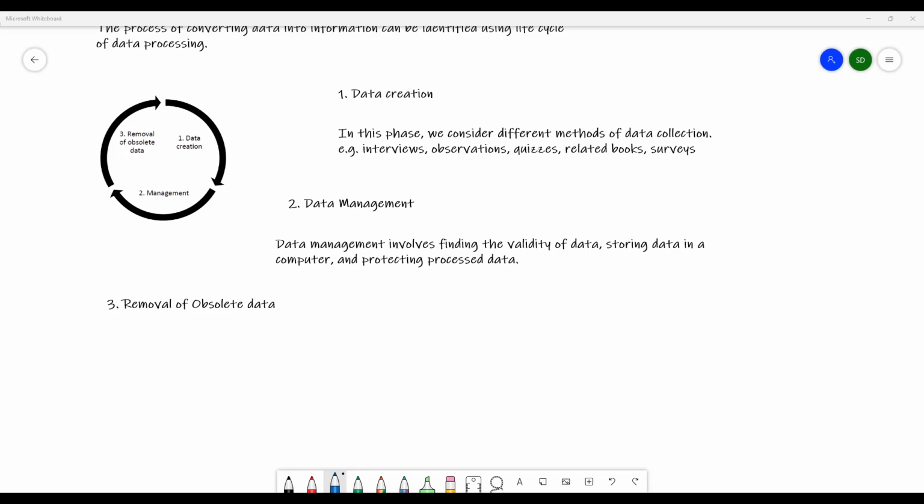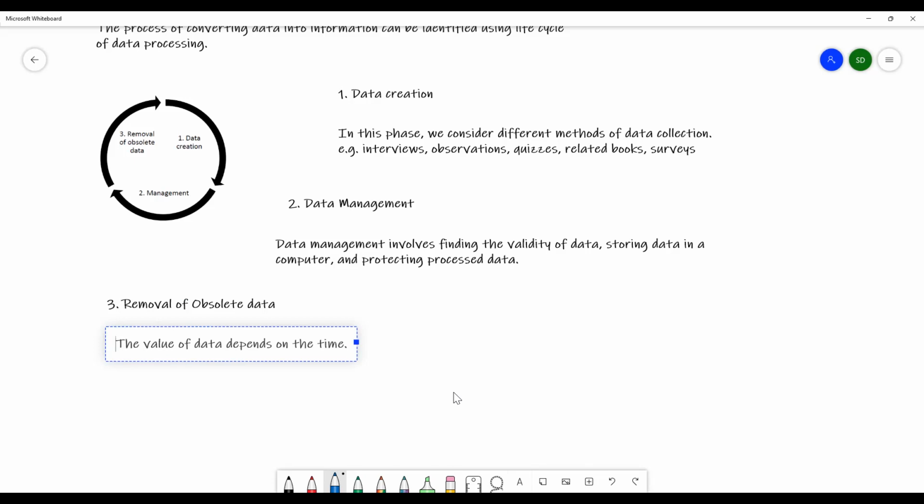So this removal, actually, the value of the data depends on time, doesn't it? For example, you are in school right now. Another 5 years' time, usually we keep track of your performance, your marks for the subjects and so on. What do you think?